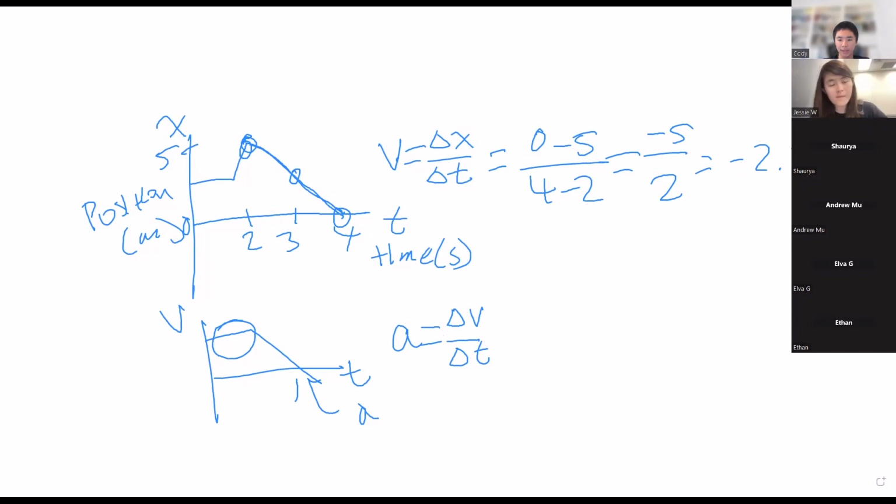So say an object's moving at 3 meters per second, and they give you a velocity time graph that has a slope of 0. What happens is the object continues to move at 3 meters per second.